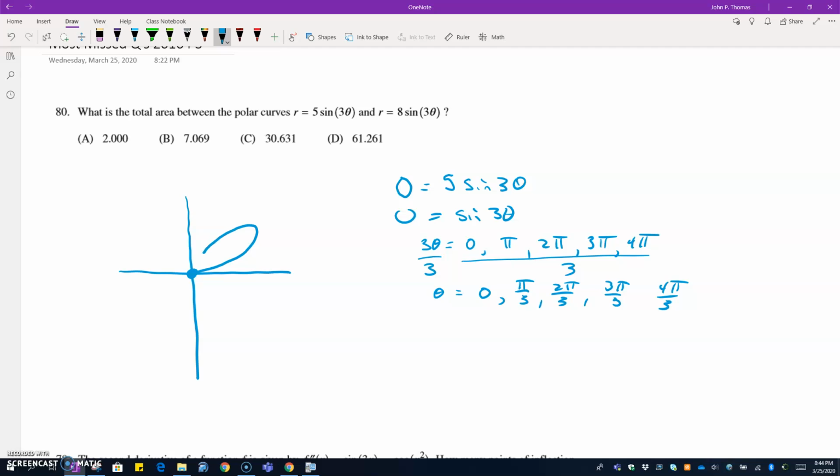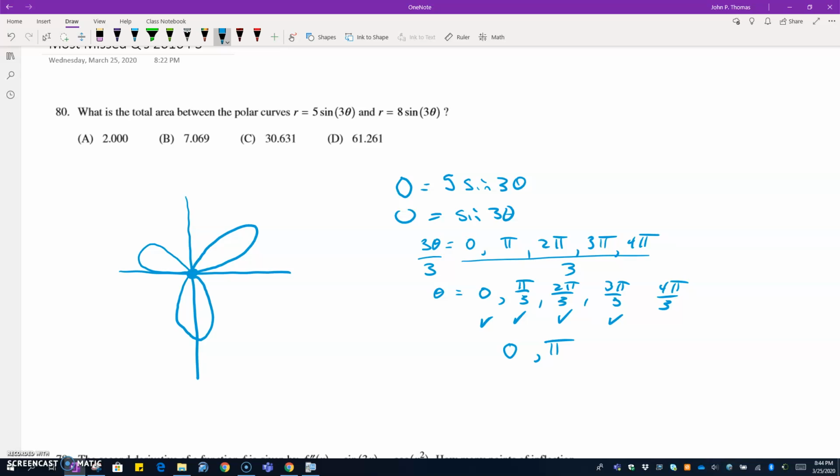I graph out a loop, and it takes me back to here, at my pi over 3. Then from there it loops down below and comes back up, so it hits 0 at 2 pi over 3, but I have one more leaf to do. So I'm going to come out here, and that's going to come back and hit at my 3 pi over 3, or pi. So what I need to do is look at this from 0 to pi.